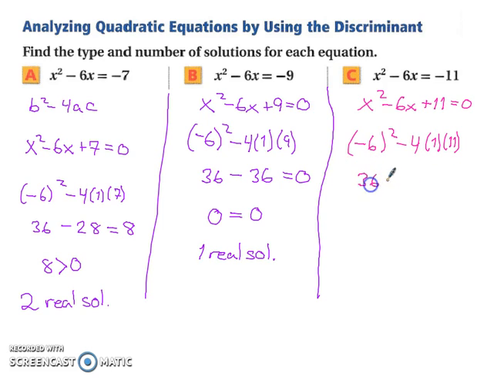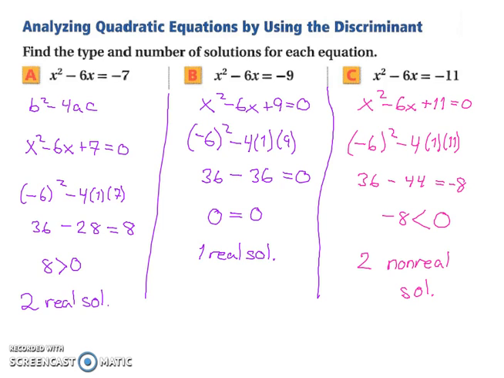So we have 36 minus 44, which equals negative 8. Well, negative 8 is less than 0, so you have two non-real solutions. And that would be the discriminant.